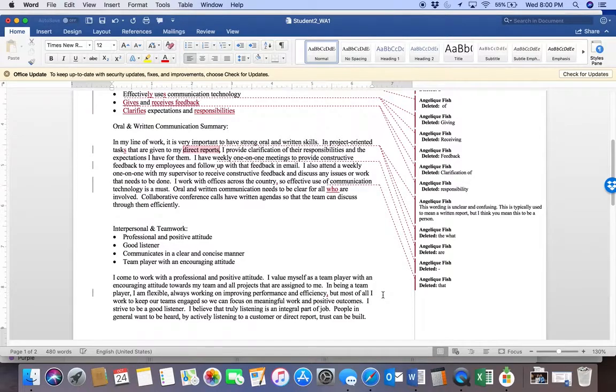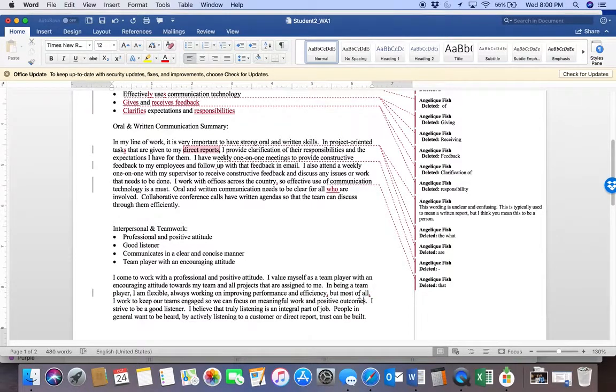But most of all, okay, we need two commas here. One, remember, anytime we join two complete sentences with a conjunction, we need a comma, and so this starts a new sentence. That's a complete sentence. Most of all, I work to keep our teams engaged so we can focus on meaningful work and positive outcomes as a complete sentence.